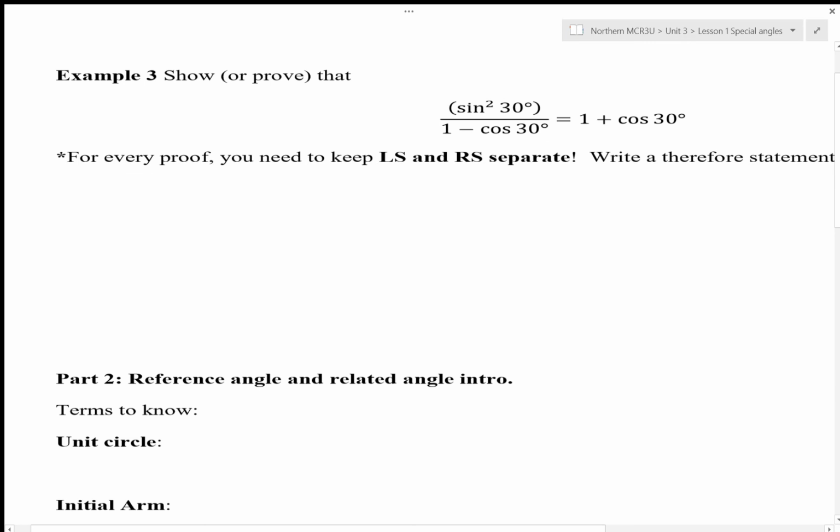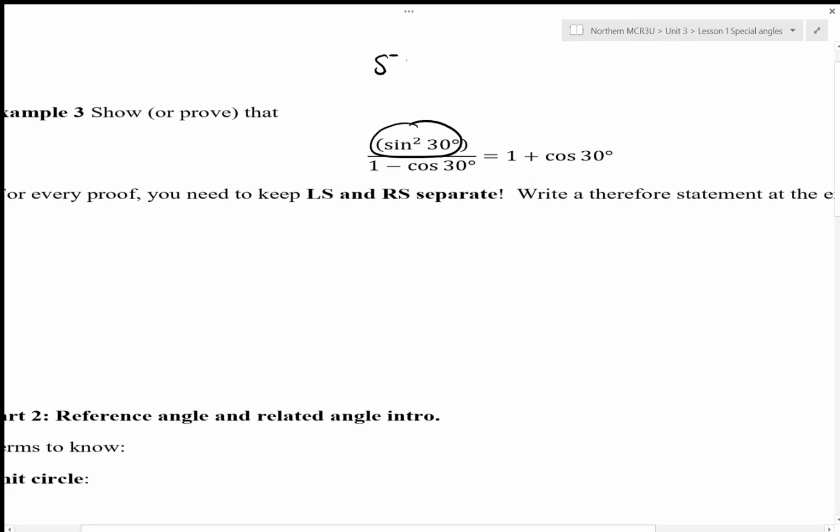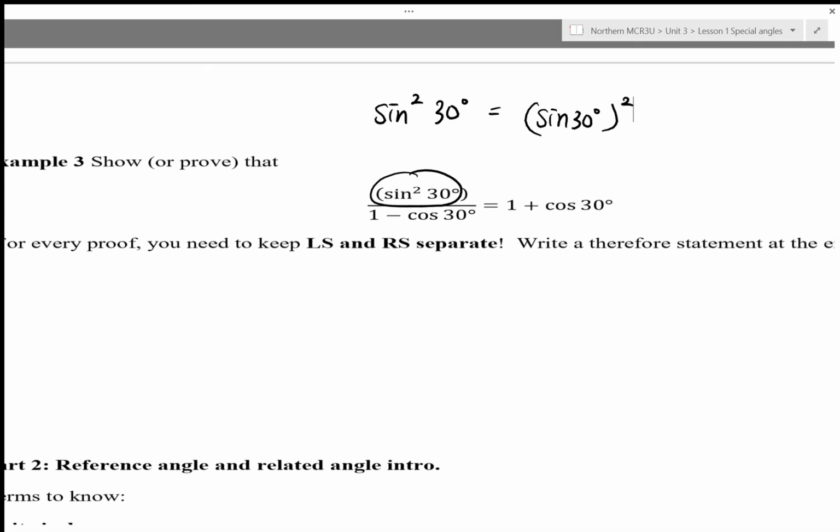So here, this looks kind of weird, doesn't it? It says sine 2 and then 30 degrees. This actually means sine 30 degrees squared. So for sine, cosine, tangent, their square actually comes right before your angle.